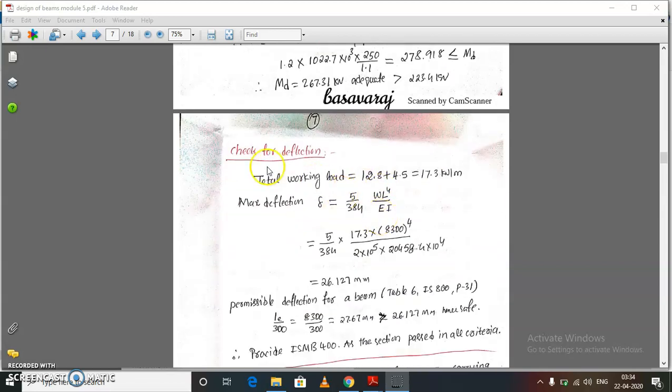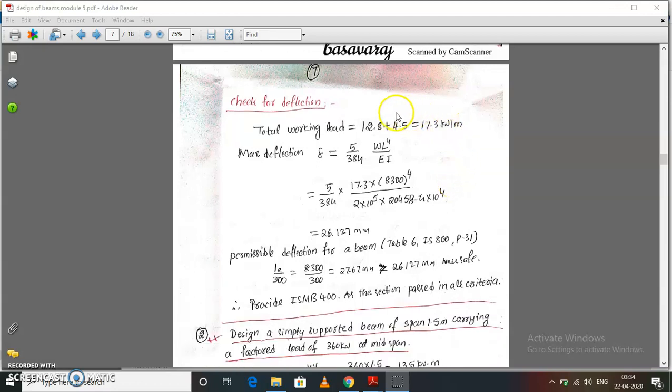Lastly, check for the deflection. So total working load equal to total dead load plus total live load, 17.3 kilonewton per meter. It is only working load, not the factored load. Now maximum deflection can be calculated by using the formula delta equal to 5 by 384 into W L raised to 4 divided by E into I, for a simply supported UDL beam.